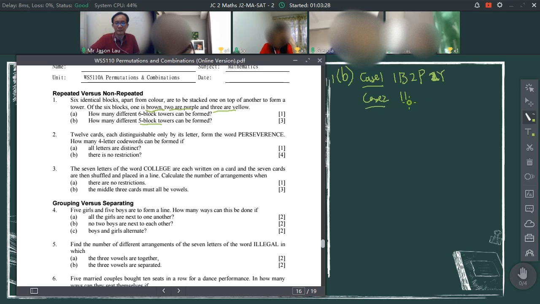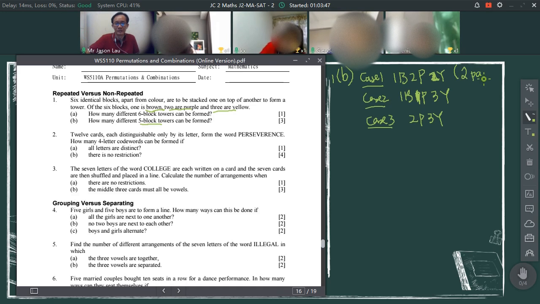Okay. Wait, maybe I know why I'm wrong. Like this, got 3 cases. Essentially it's about how many repeated. 2 pairs. 1 triplet. 1 pair, 1 triplet.